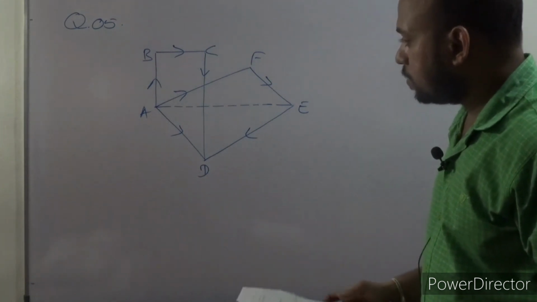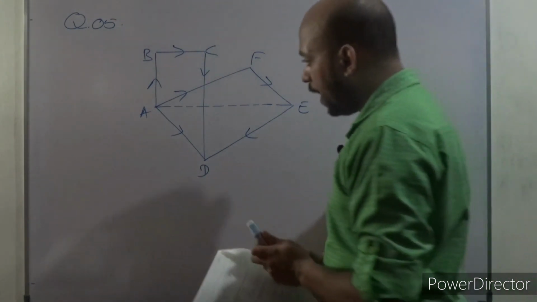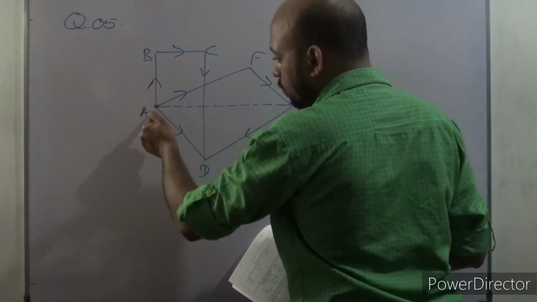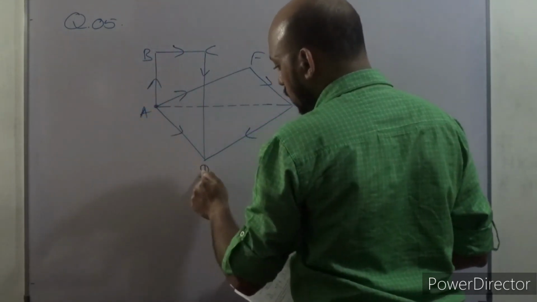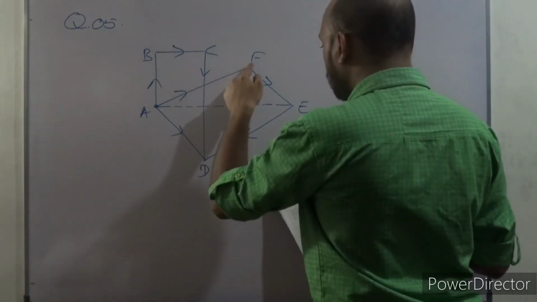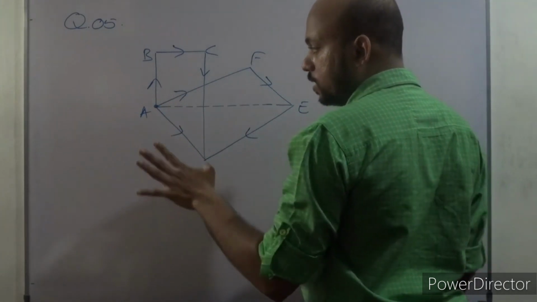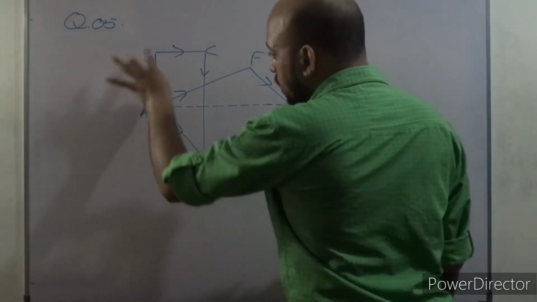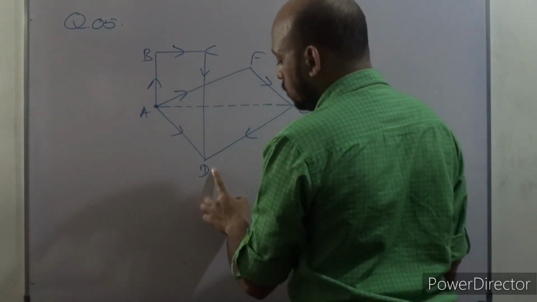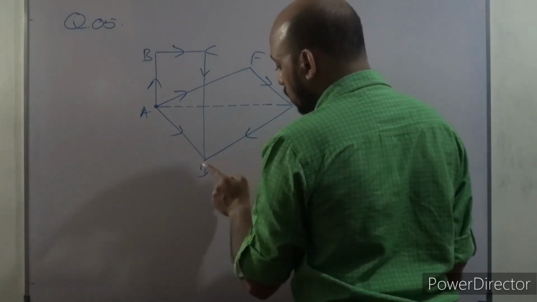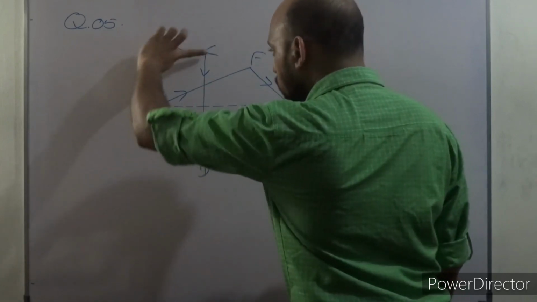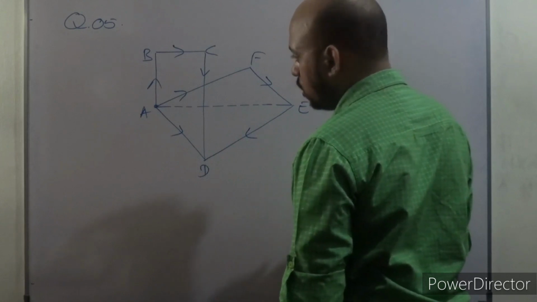If we start from A, we can move around 3 paths: A to B, B to C, as well as A to D, and A to F, F to E. Here I select this path first: A to B, B to C, C to D. At D we cannot move to E because the arrows are opposite, so we can only move along the direction of the arrows.